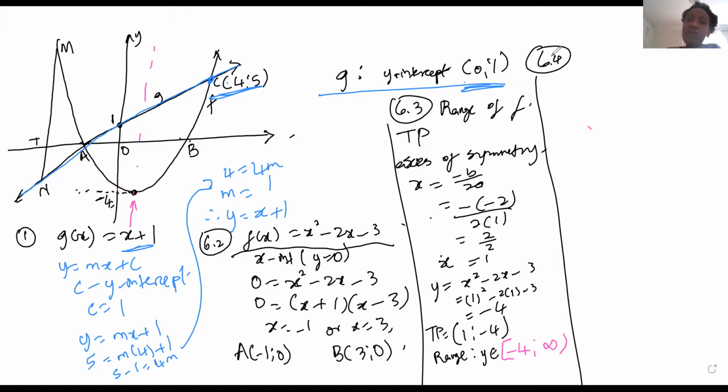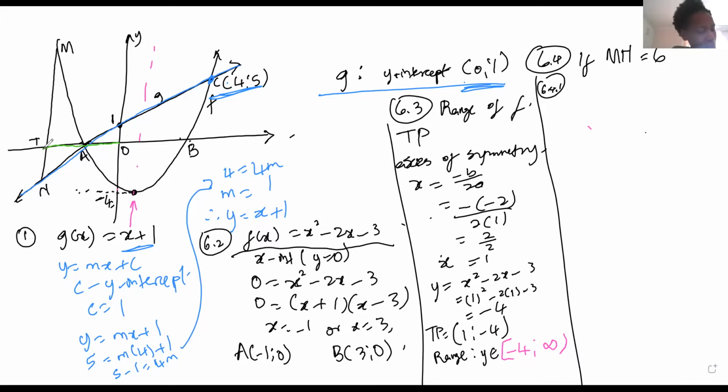So 6.4 now, they say if MN is 6 units. Then the first part of the question, 6.4.1, determine the length of OT. Where is OT? Here is OT.